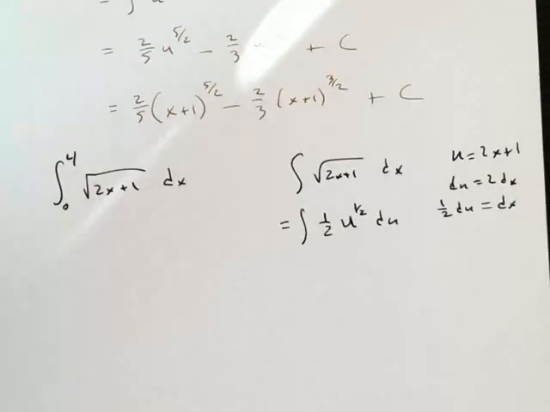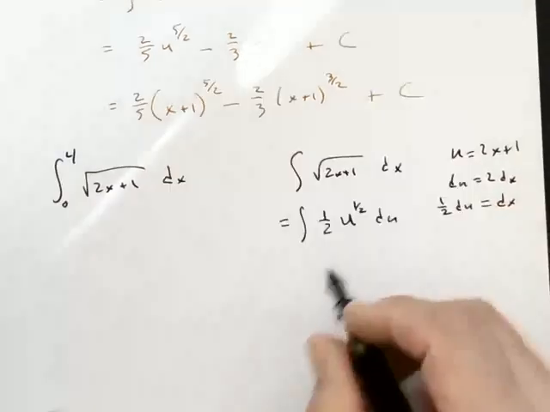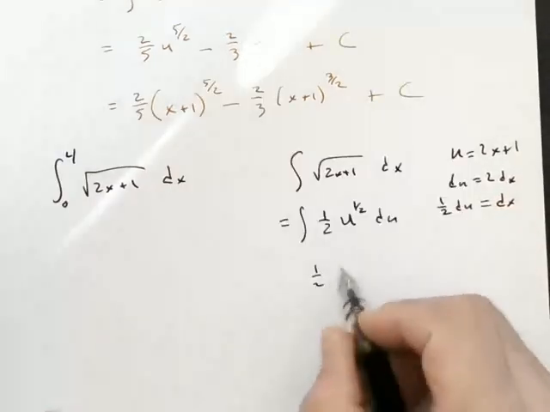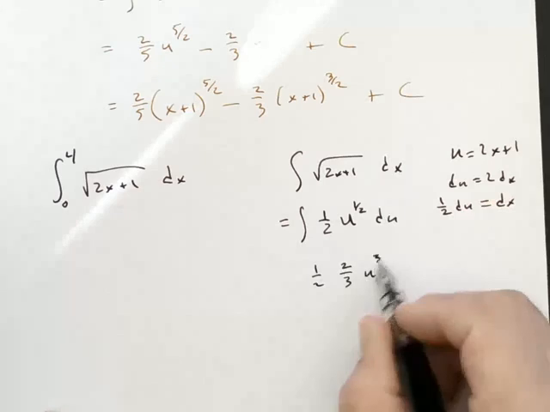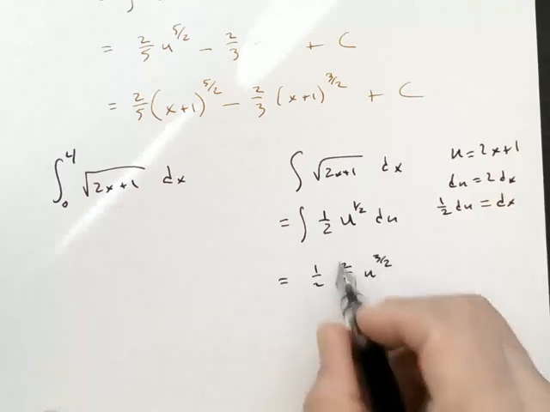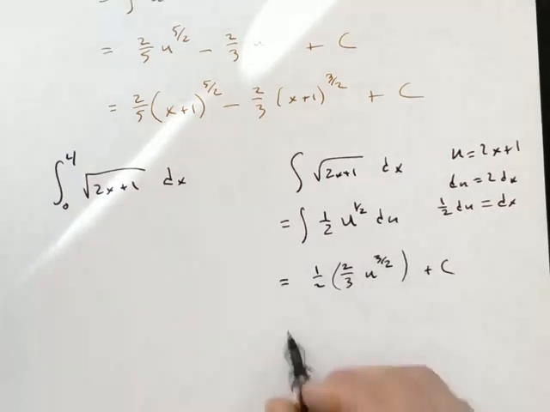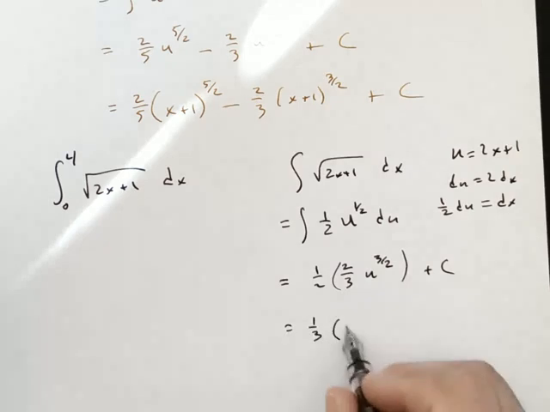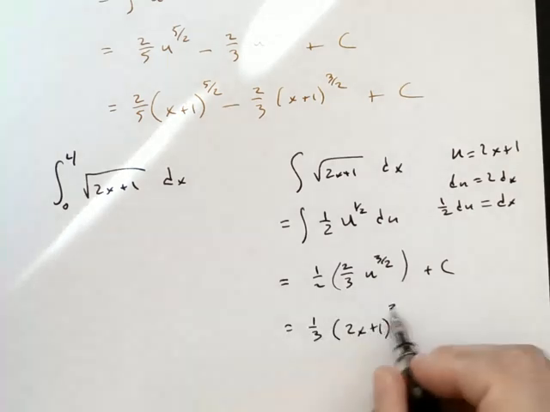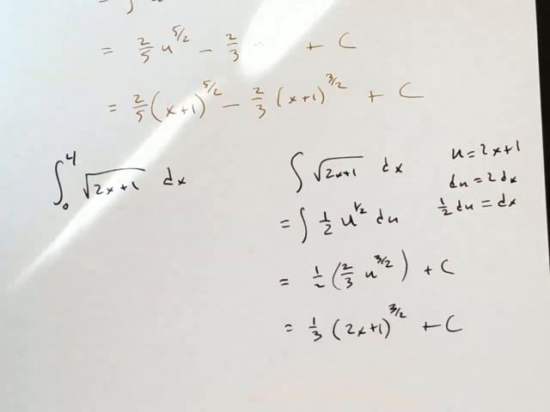Oh, well. I converted the square root to be the power. Let's do the antiderivative. 1/2 times 2/3 u to the 3/2 plus c. Put it back in x. 1/2 times 2/3 is 1/3. 2x plus 1 to the 3/2 plus c.